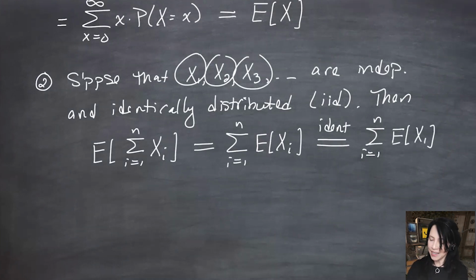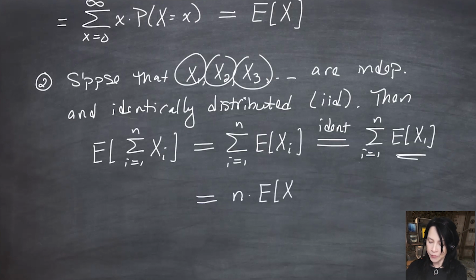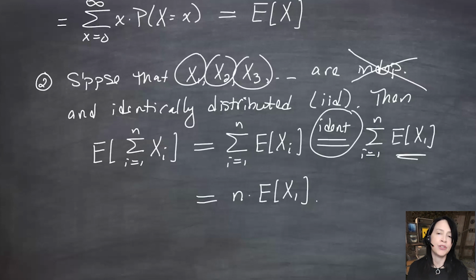And that means that this sum is the expected value of x1 plus the expected value of x1 plus the expected value of x1 n times. And so this is equivalent to n times the expected value of x1. I did not use independence anywhere here, so I really don't even need it in this statement. I used the fact that they're identically distributed to say all the expectations are the same, and that was it.